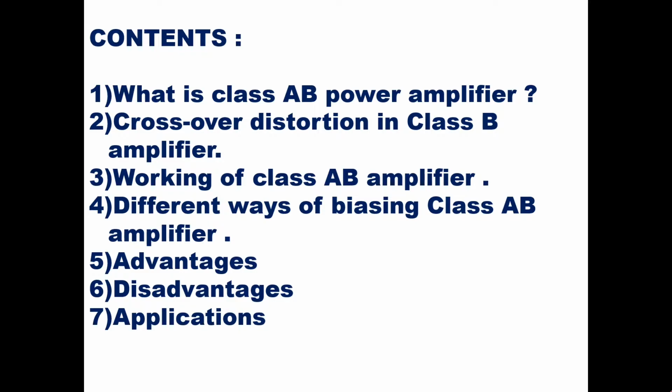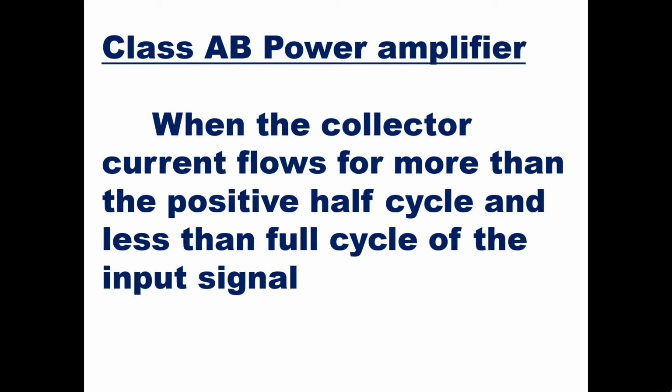Now here, Class AB power amplifier, the general definition goes as: when the collector current flows for more than the positive half cycle and less than the full cycle of the input signal.